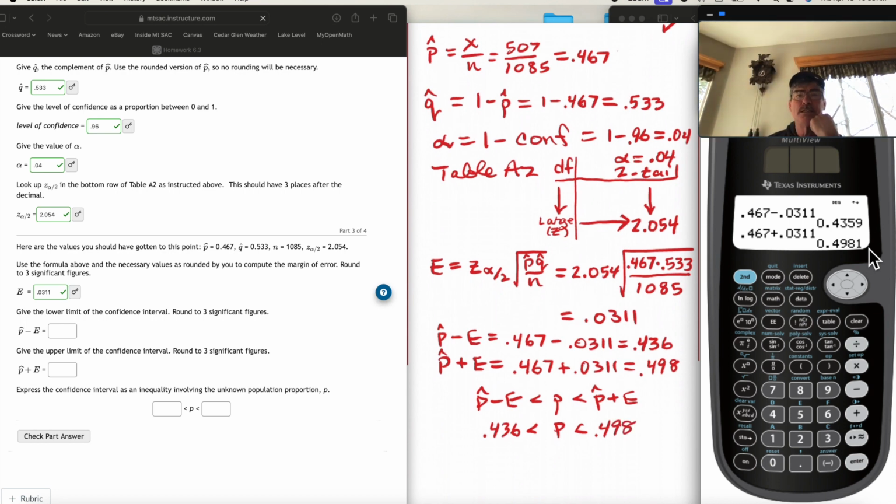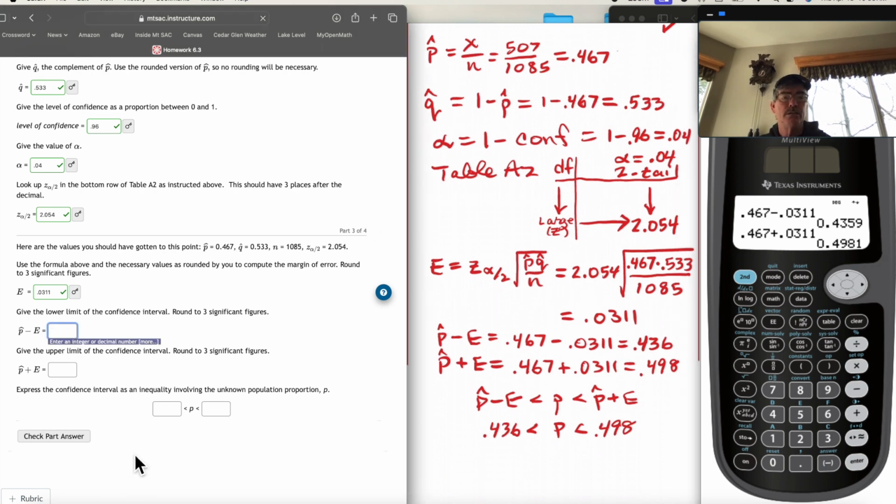This is 96% confidence, so this should be true 96% of the time. So I'm 96% confident in it. Let me go ahead and put these numbers over here: 0.436 and 0.498.